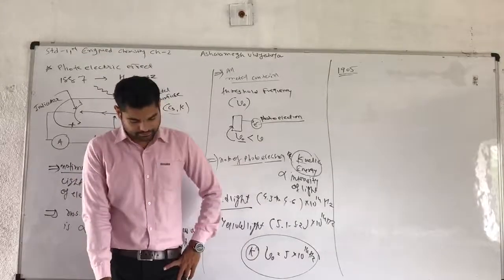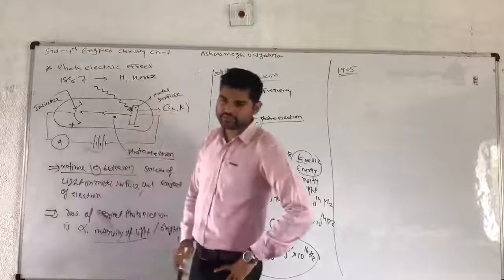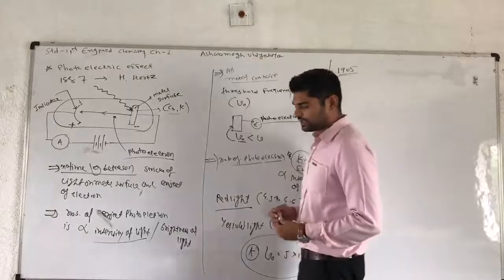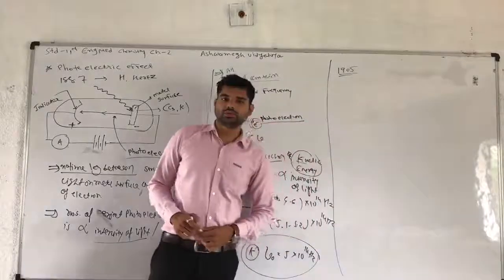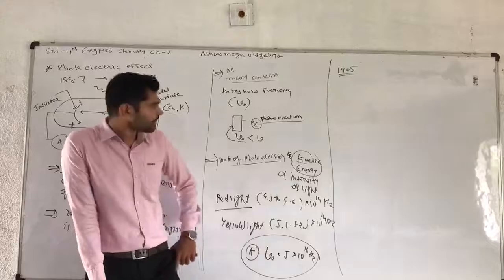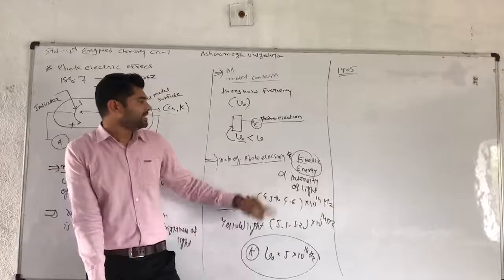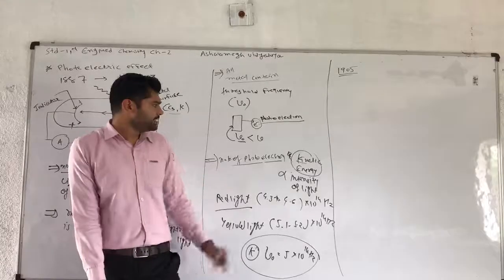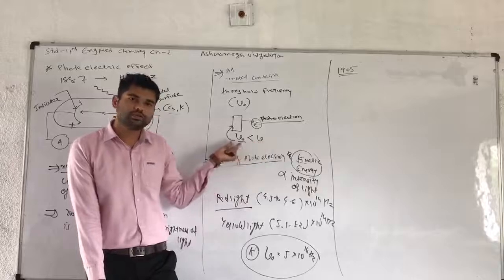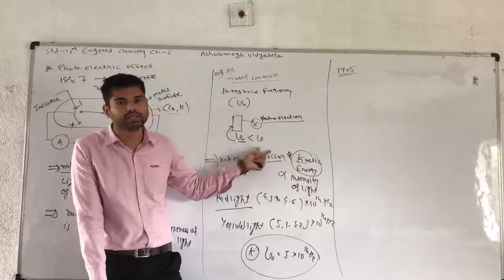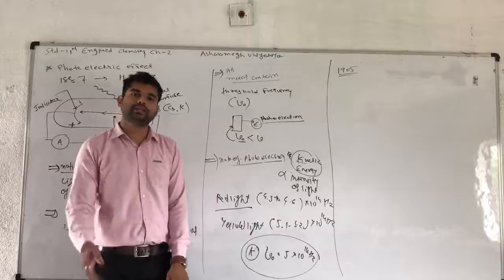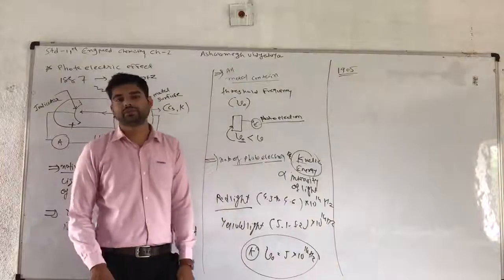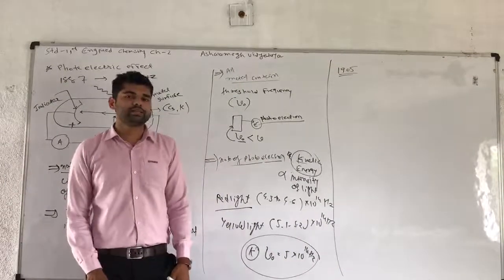He said that the kinetic energy is equal to the difference between the frequency and the threshold frequency of the metal. It means when light above the threshold frequency is applied, the metal releases photoelectrons or creates kinetic energy. So we can measure kinetic energy as the difference of frequency minus threshold frequency.